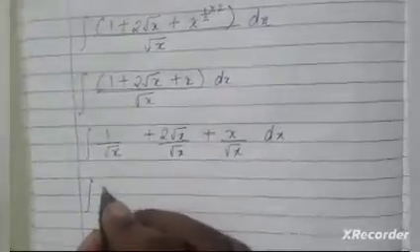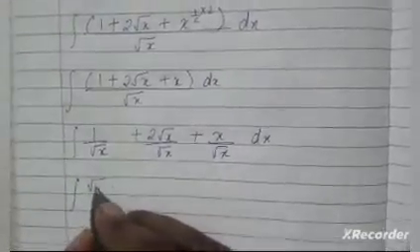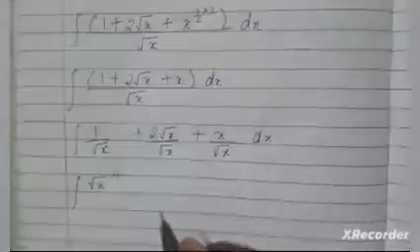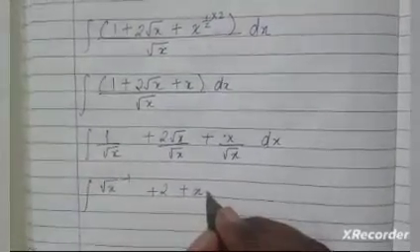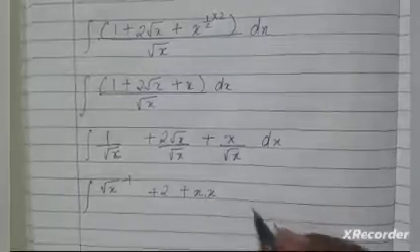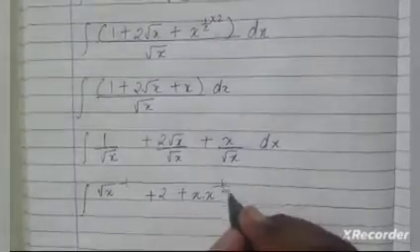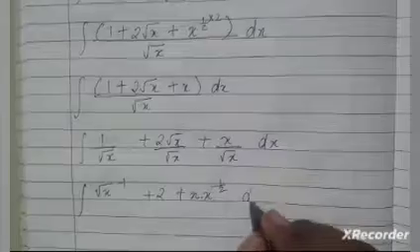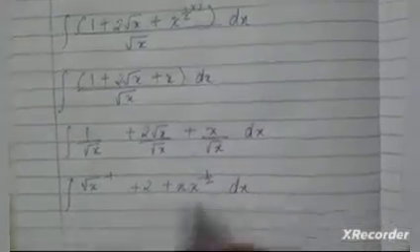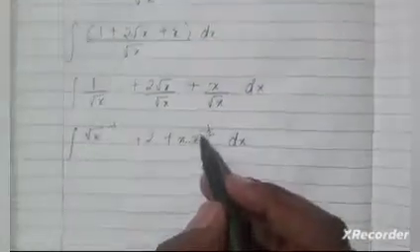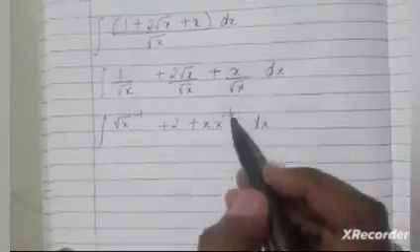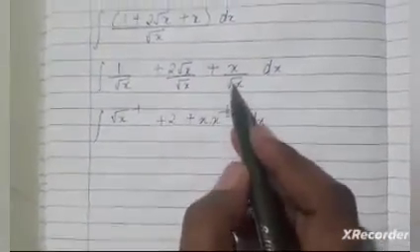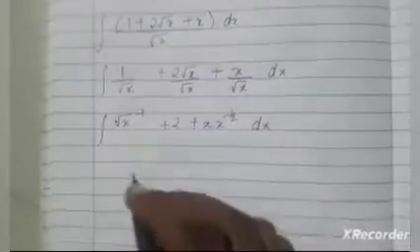So it will be integration of x raised to minus 1/2 plus 2 plus x into x raised to minus 1/2 dx. Minus because we have converted this denominator value into the numerator, and 1/2 because we have removed this root sign.